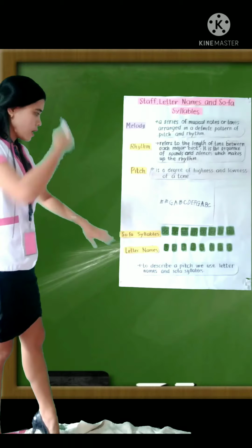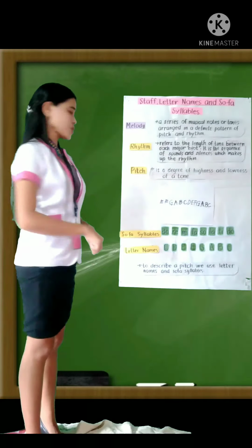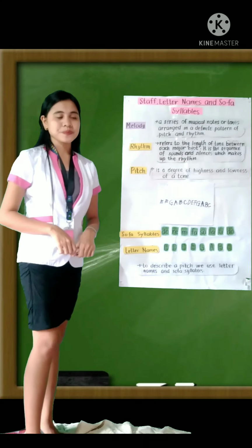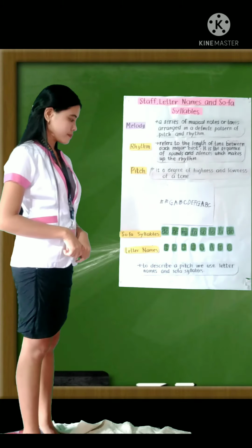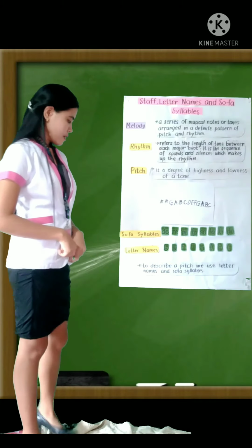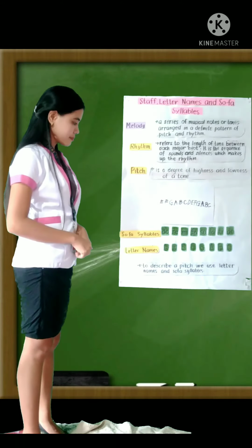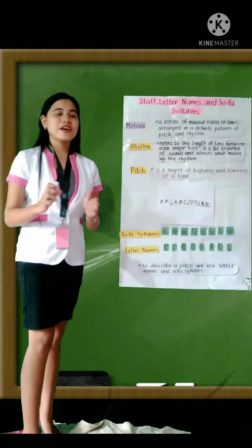So next is the solfa syllables. What is a solfa syllables? Do, re, mi, fa, sol, la, ti, do. How about letter names? C, D, E, F, G, A, B, C. Very good.